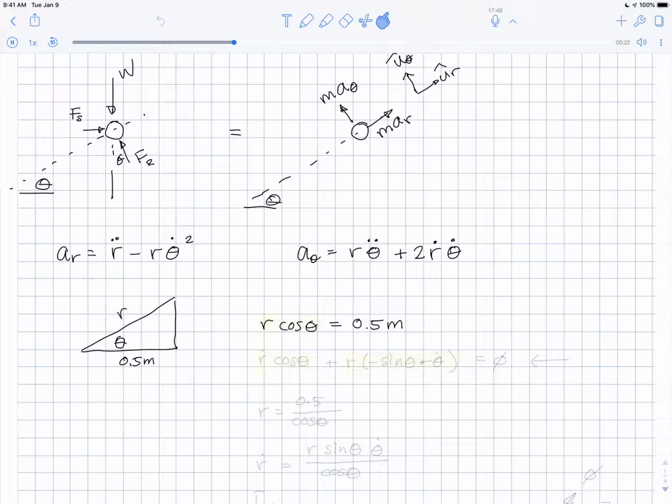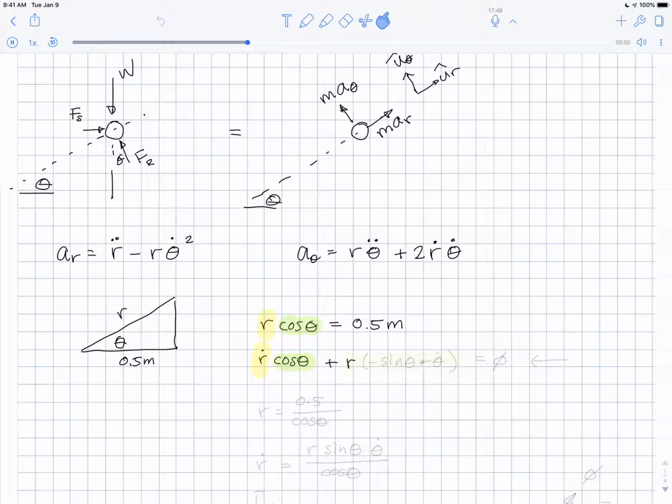Taking derivatives of both sides using the product rule and the chain rule, we get r dot cos theta. Okay, so just so you can keep track, that's A, that's B. So you take the derivative of A times B plus A times the derivative of B.